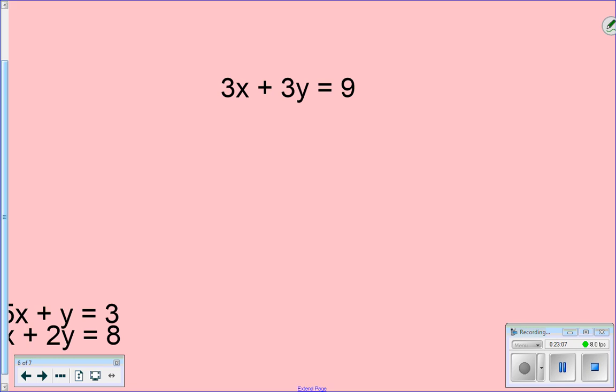No, don't graph it. Let's just make it so you can reduce some of that stuff. You can always reduce slope. It's negative 3 divided by 3. Remember, everything can reduce.